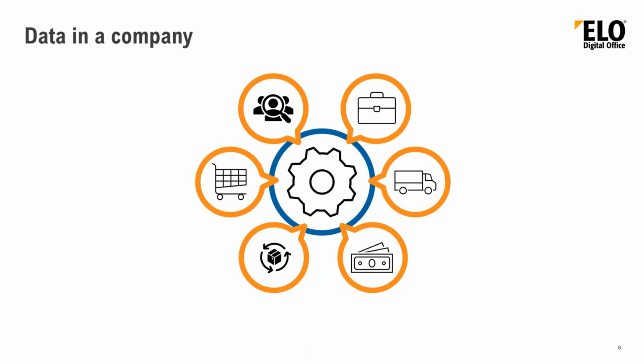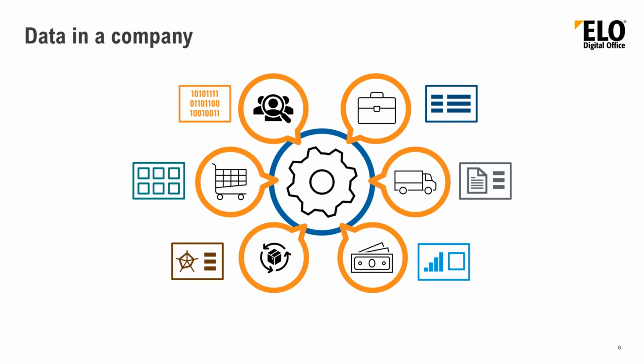In every department, daily work produces data. The thing is, every department produces data in a different way, because the HR department produces HR data, which is in a specific format. They produce documents as well. The sales department has calculations, proposals and so on in their own format.